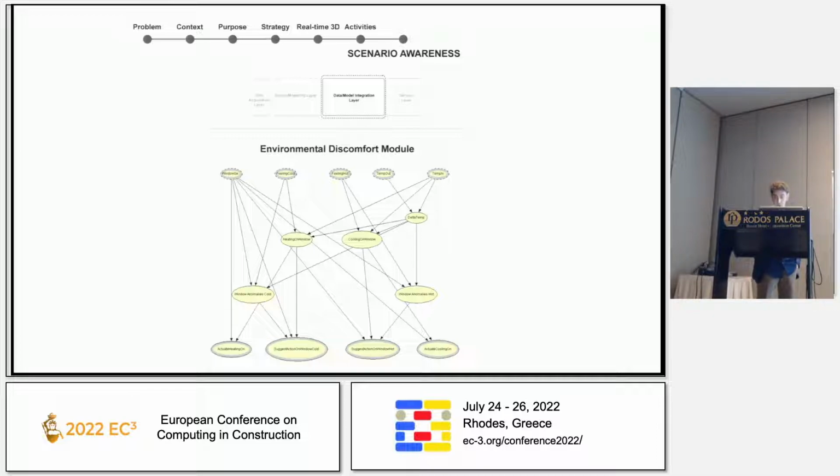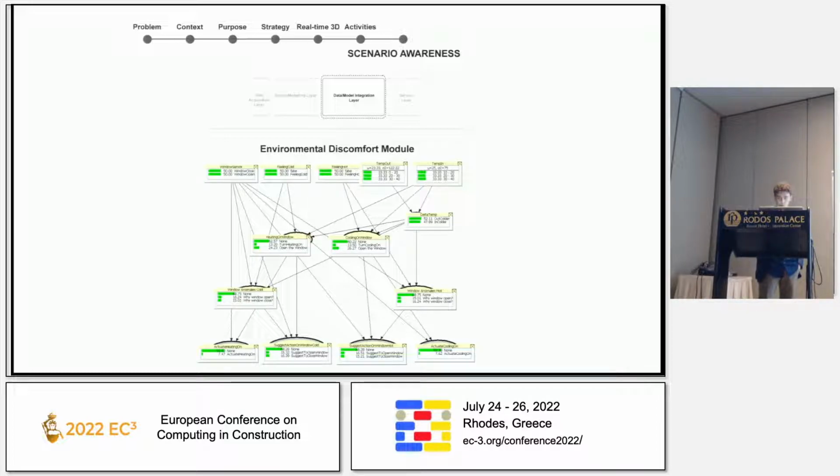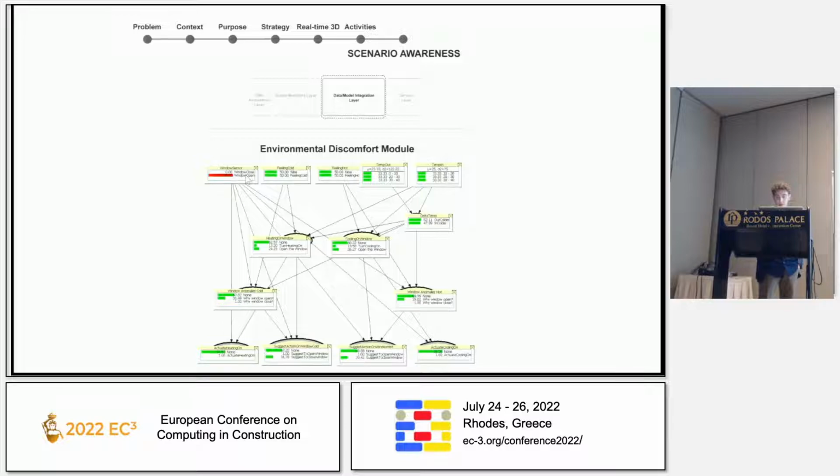Okay, the third module deals with environmental discomfort, relying not only on environmental information, but also on the user's own feelings. Conditional probabilities, and the example shows the user is feeling cold because the window is open and the outdoor temperature is lower than the indoor one.